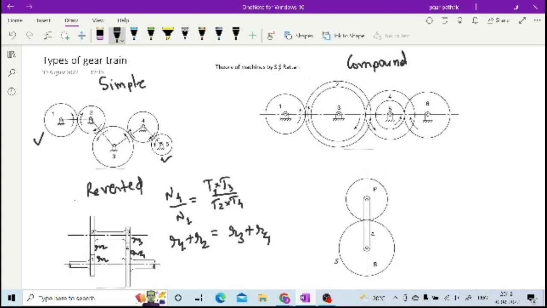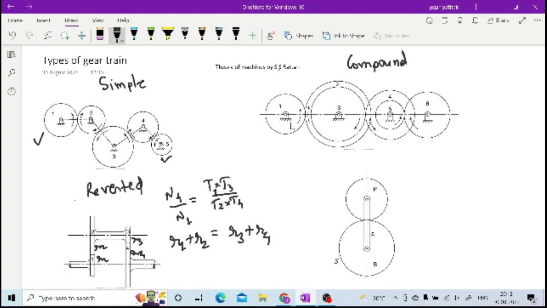So in order to maintain the center distance, r1 plus r2 must be equal to r3 plus r4. So this is the characteristic of the reverted gear train. It is generally used in some clocks and sometimes in a simple lathe, for the back gear, in order to give speed to the chuck.